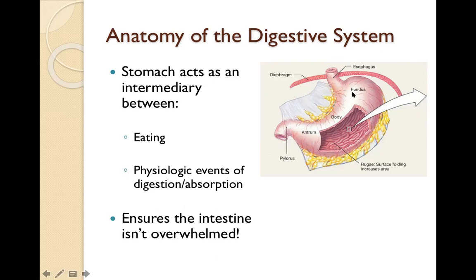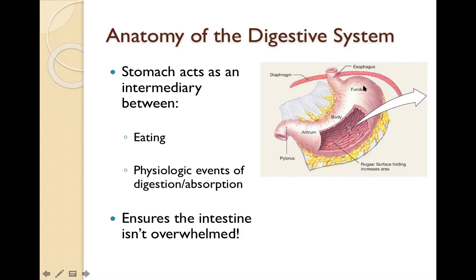And the stomach really acts as an intermediate place between eating and the physiologic events of digestion and absorption. And it sort of acts as this area where the partially digested food can hang out while the small intestine is dealing with what came before that. And so it really is a place where, yes, there is digestion.